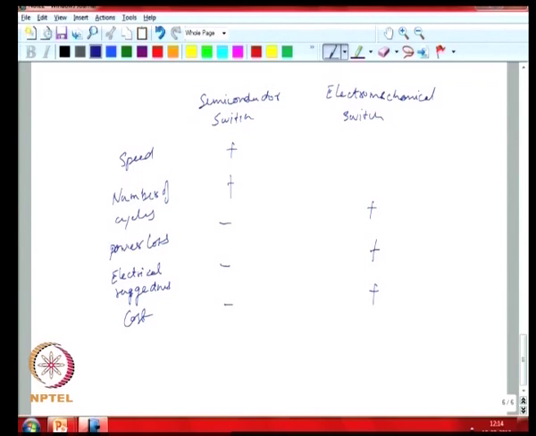So if you are willing to pay the cost, it means that your load has some definite advantage from the improvement in power quality that the semiconductor based switch can provide. If there was no net overall cost advantage, then there would not be an incentive to go for a semiconductor based switch. Okay.